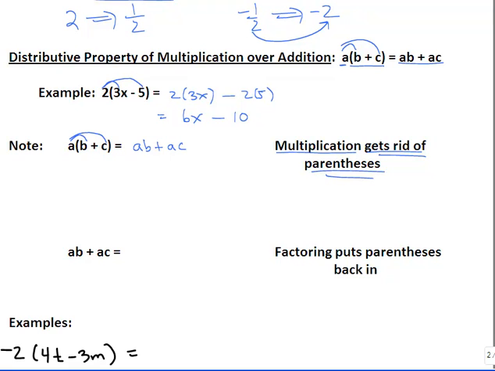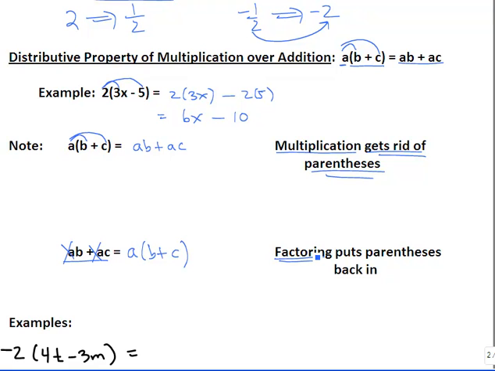Another version of the distributive property is actually to go in reverse. If you started out with 2 terms that looked like this, AB plus AC, there's no parentheses in that problem. But if you factor out the A, so pull A out like a greatest common factor, what you would be left with if you pull these A's out would be the B plus the C left over, and that's called factoring.